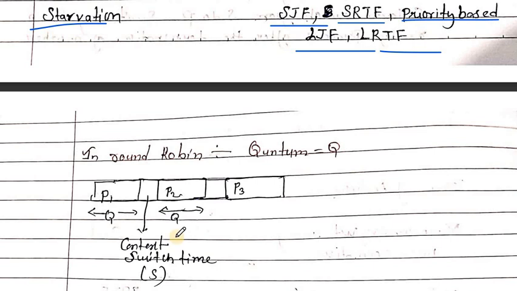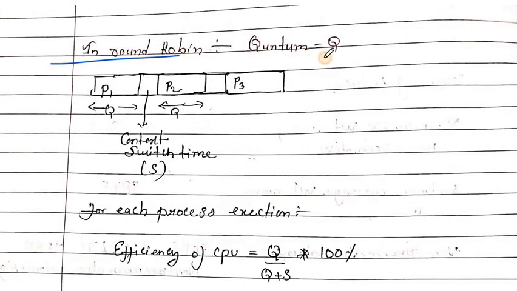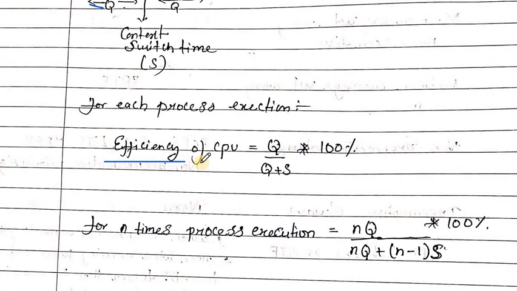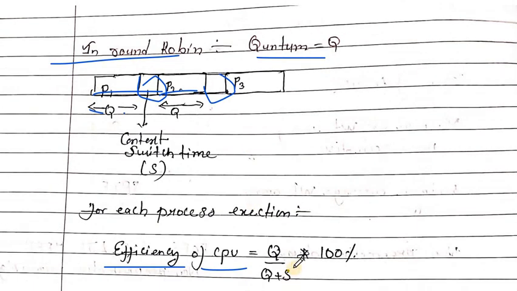Okay. Here in round robin, if the quantum is high, then there is a process, then context switch time, then the process. So to find the efficiency of the CPU, what do we do? Here is the context switch time and the quantum time.